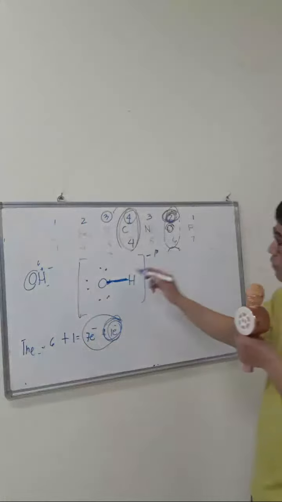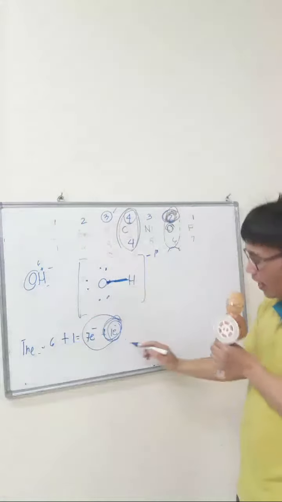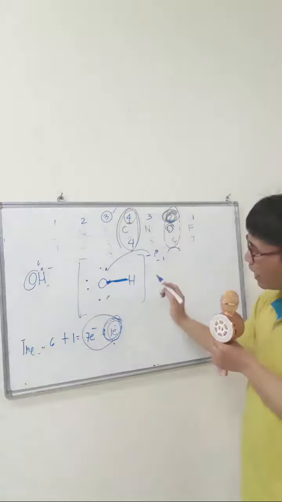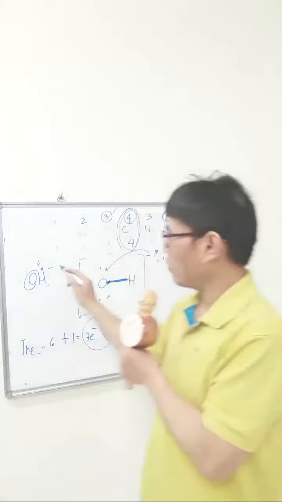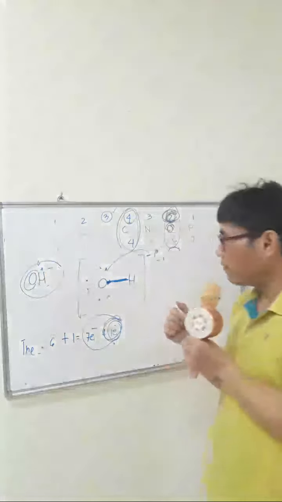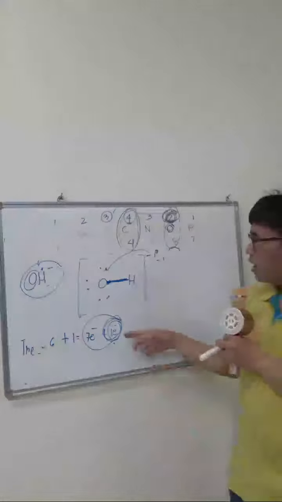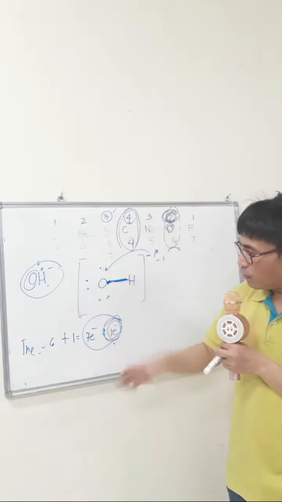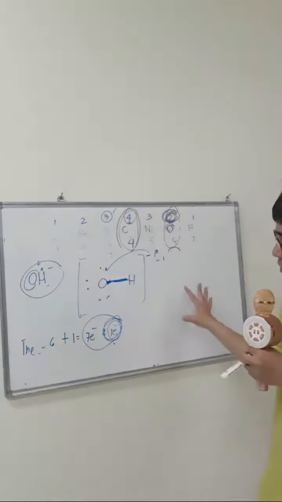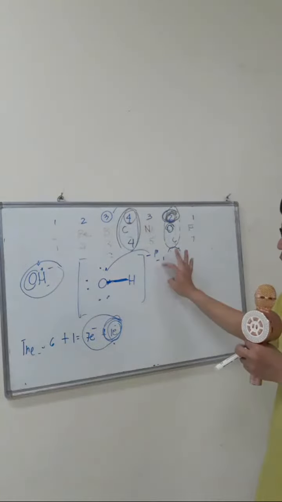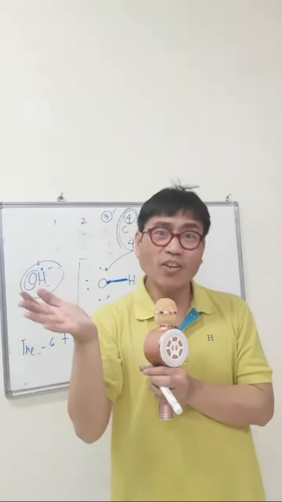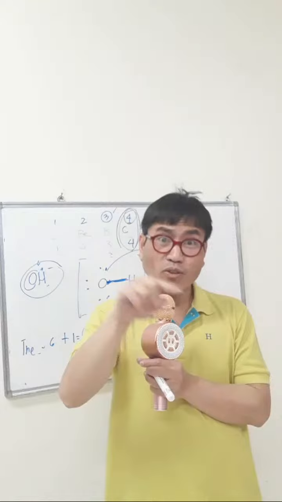So if you move this 1 electron, supposedly you add it here, it becomes negative 1. And then this is the charge of your OH. Negative, not positive. You get the point? Because you add 1 electron, upon having it here, then when it goes out of the parentheses in the structure, it will become negative. The other one, it will be minus: 9 electrons minus 1.